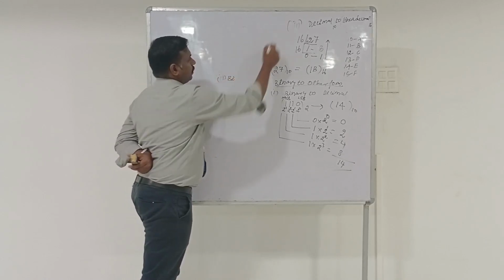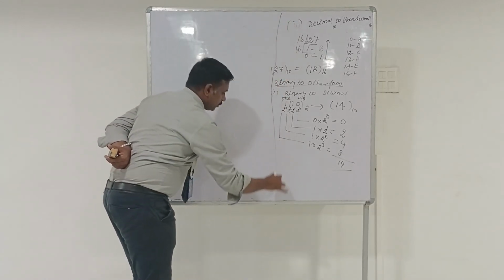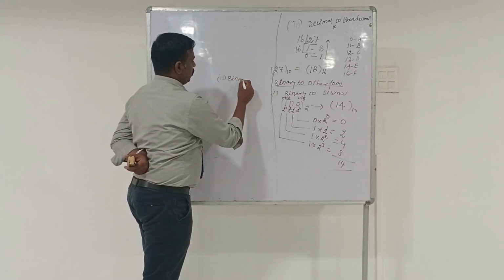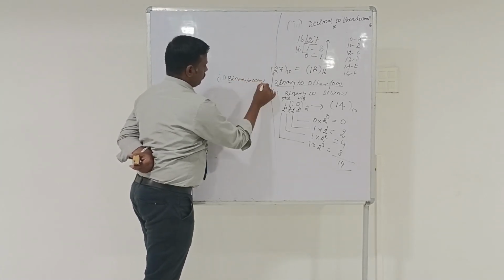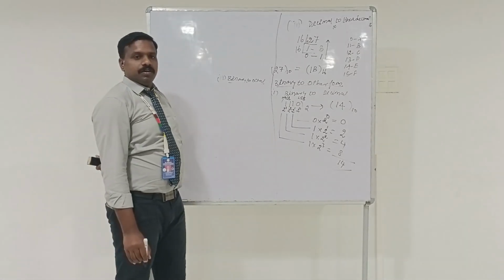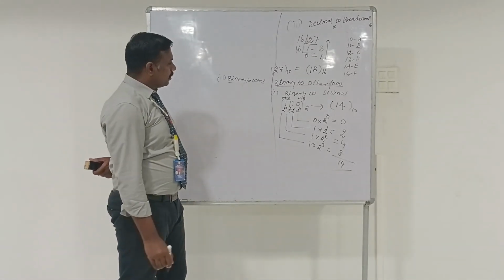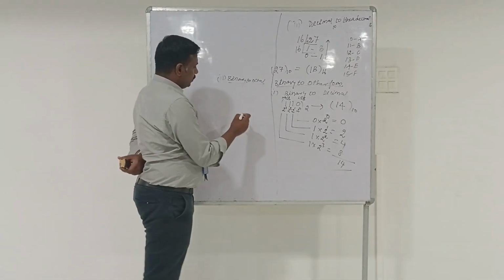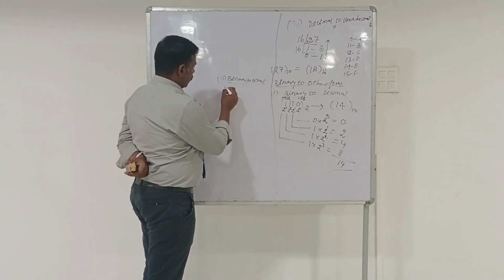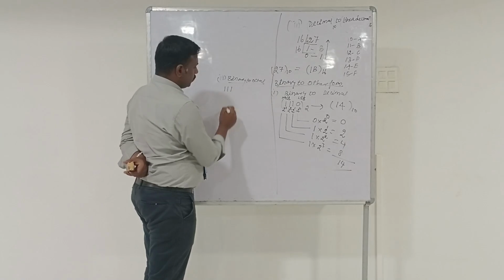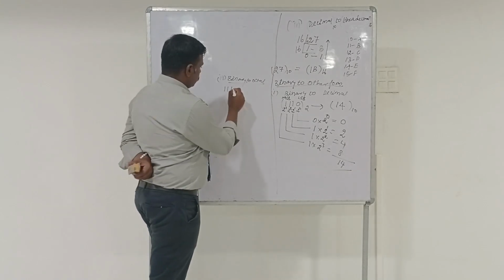Binary into octal. It's very easy. Same example I considered here: 1, 1, 1, 0.